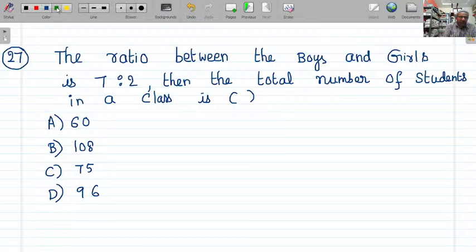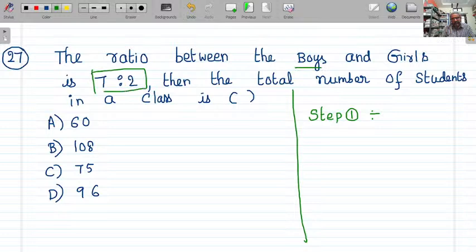In this question, my dear students, step 1: first find the total units. The ratio is 7 is to 2 between boys and girls. Find 7 plus 2. There are 9 units or 9 parts.